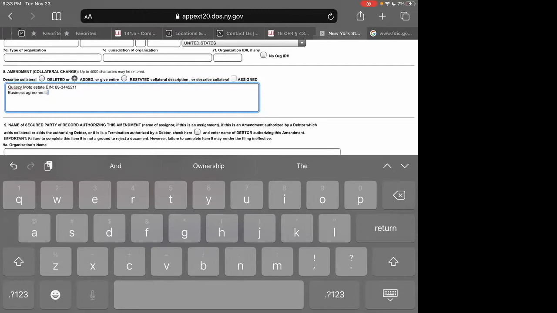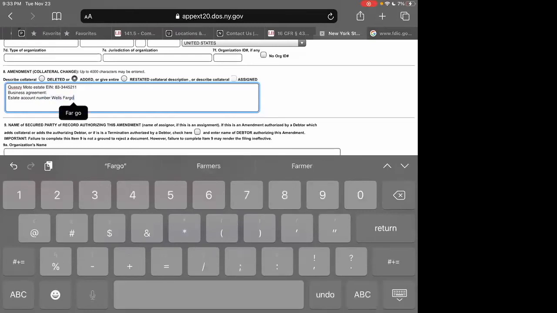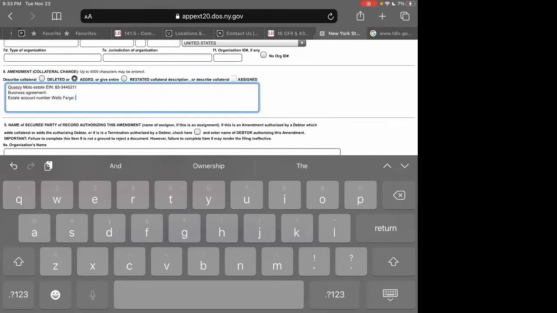Business agreement number, any account numbers, like let's say Quasimodo Estate EIN business agreement, then we have estate. Account number, Wells Fargo. And then we throw in that account number, 1, 2, and you know what I mean?